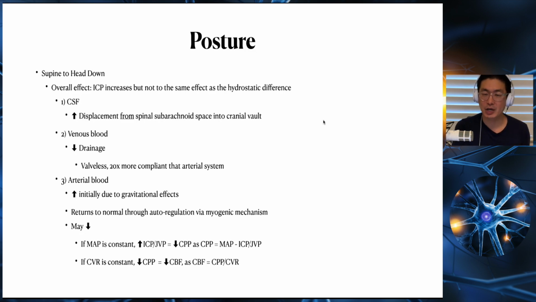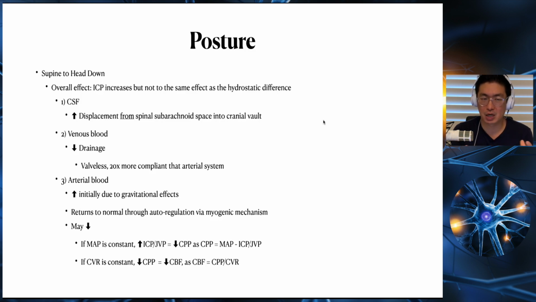Going from supine to head down, it's the opposite. So ICP increases, but again, not to the same effect as the hydrostatic difference. The reason for why it increases is that yes, you get displacement now from the spinal subarachnoid space into the cranial vault. You've got reduction in drainage, because remember that the venous system is valveless, and it's also 20 times more compliant than the arterial system.